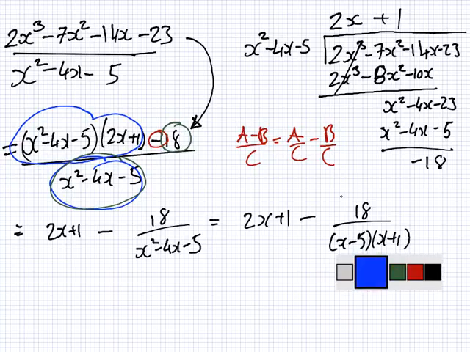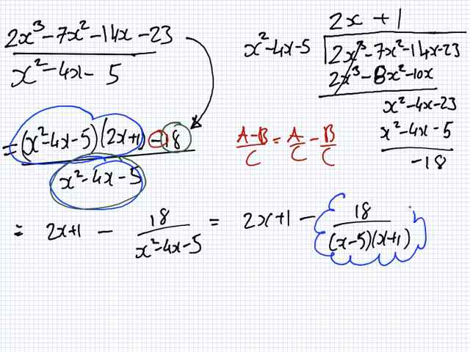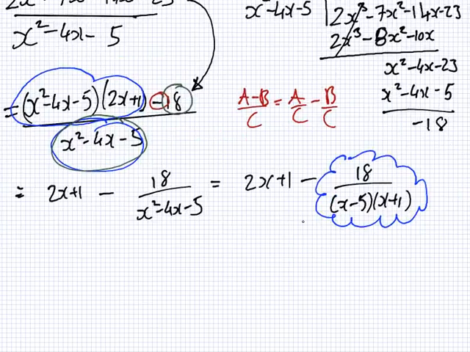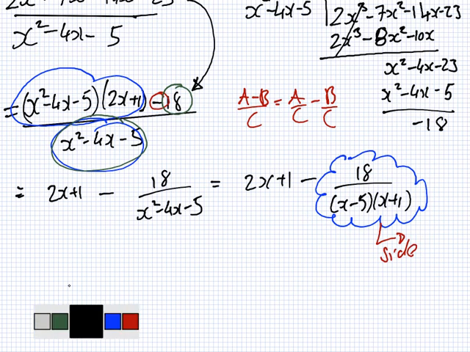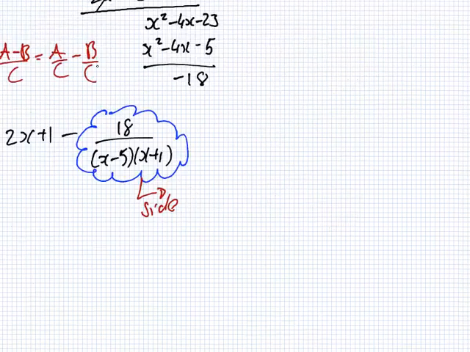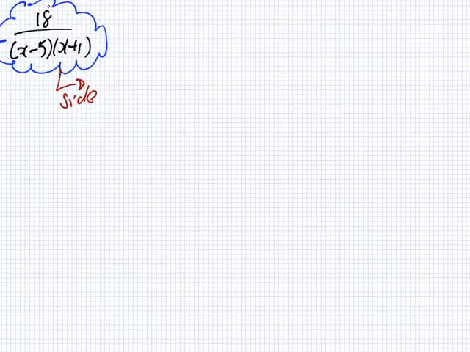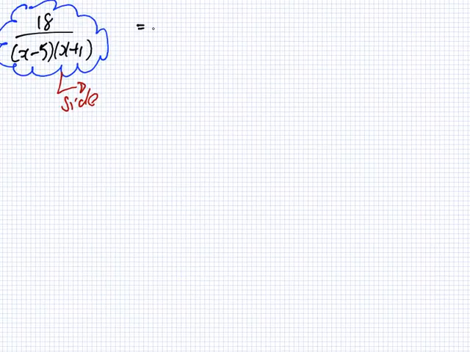Then this here is just like last class. So let's take this to the side. This is A over x minus 5 plus B over x plus 1.